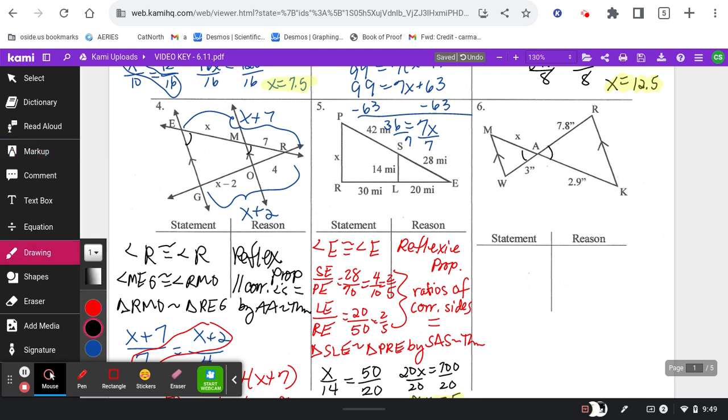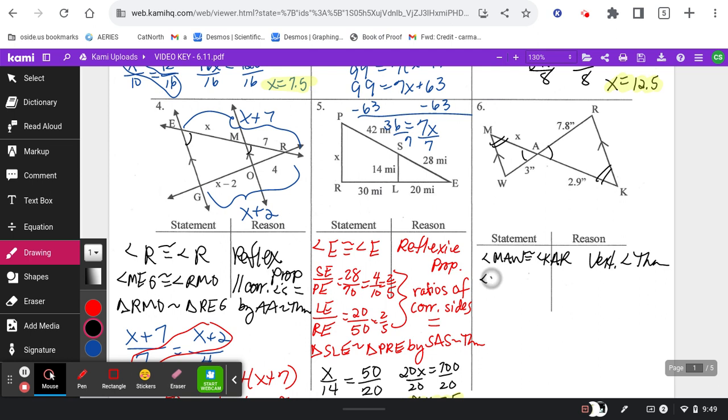Okay, we've got vertical angles and alternate interior angles. So we can say angle MA is congruent to angle CAR by vertical angle theorem.